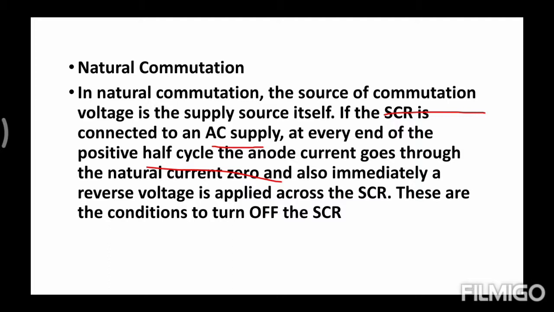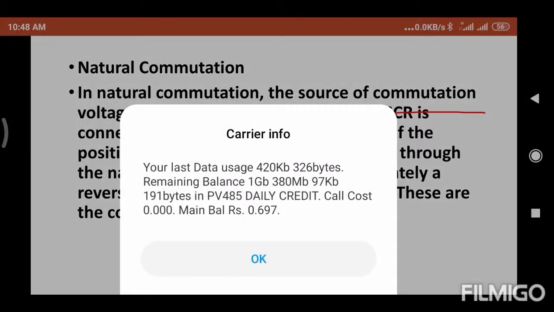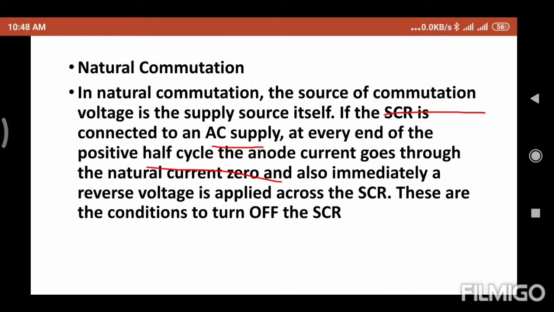After reaching zero current, a reverse voltage is automatically applied across the SCR. This is naturally done by the AC supply. That's why natural commutation is applied only for AC supply. It is not done for DC.